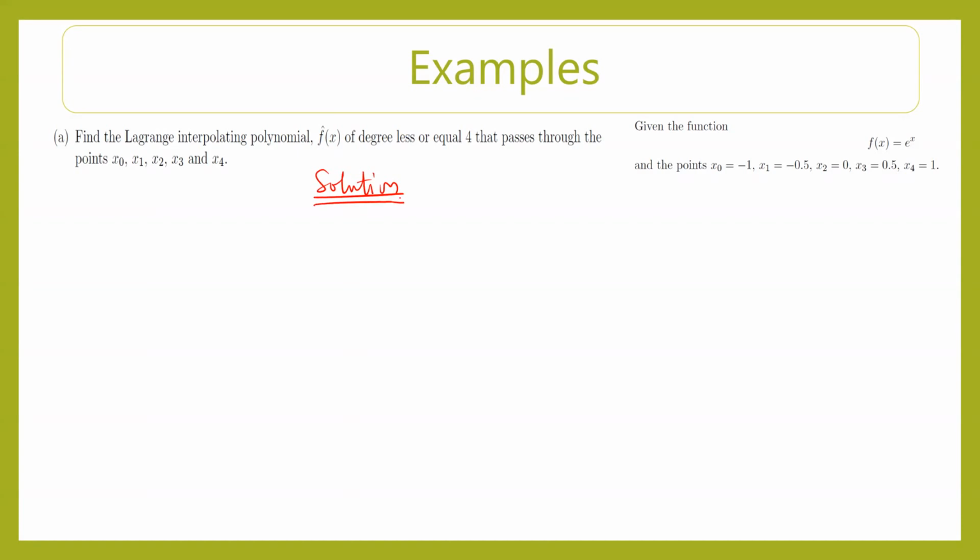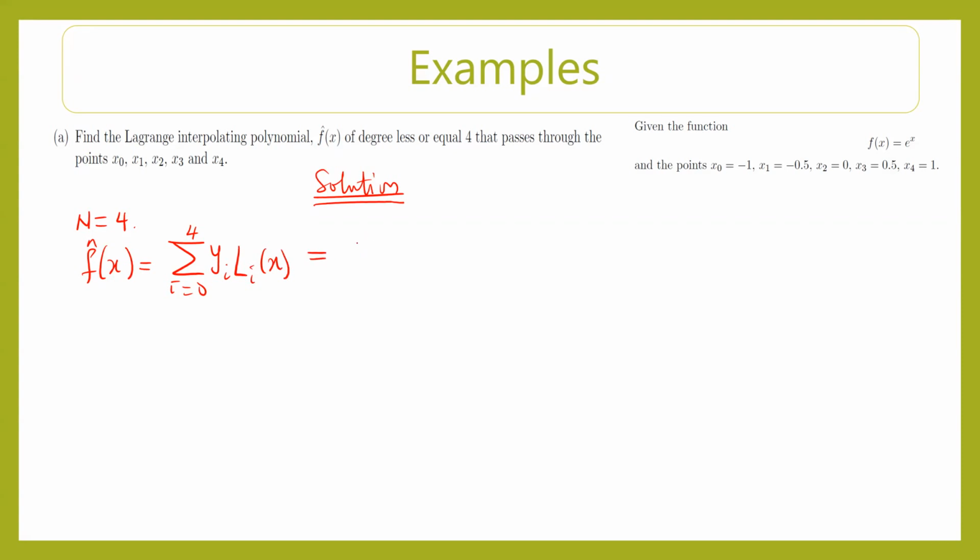It's a very lengthy one, so just bear with me. All right, first, realize that the capital N here is 4. So if we go by the formula that we've done before, f hat(x), the approximation that we are finding here, is the sum from i equals 0 to n, but n is 4 here, of y_i l_i(x).